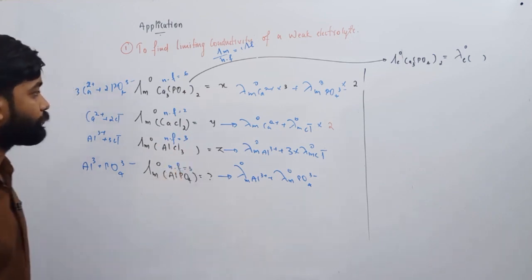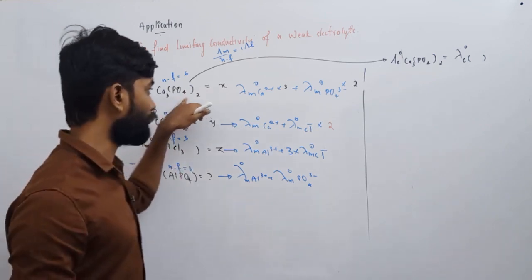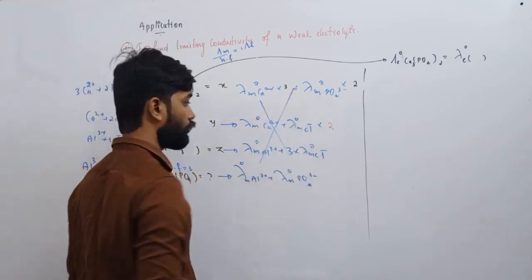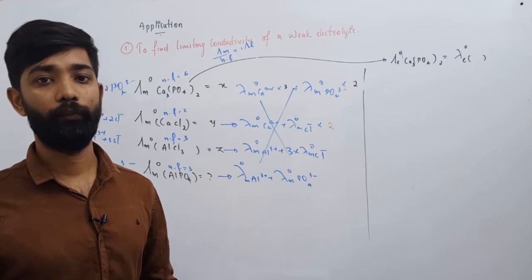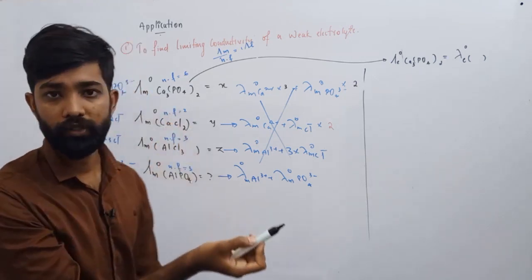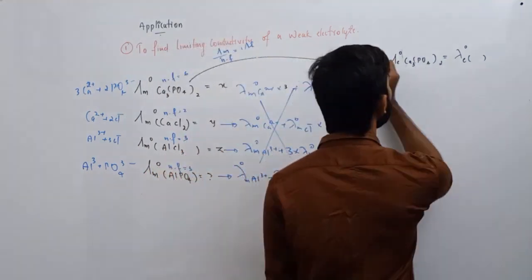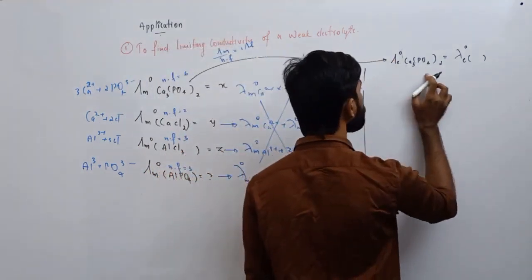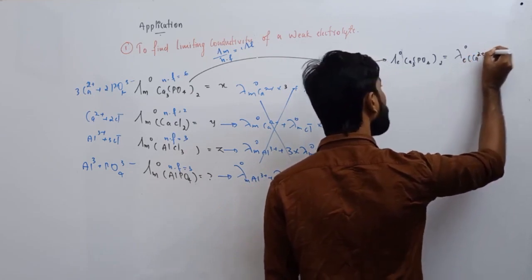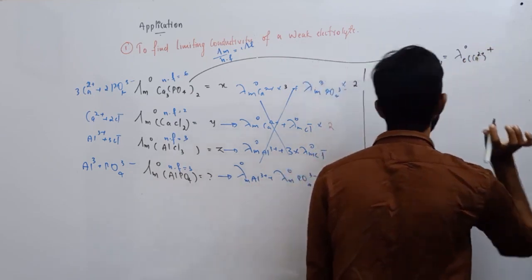So here we have molar conductivity, right? So this method is not working here, or it may take more time. Okay. So molar conductivity of Ca3(PO4)2 is given. We can easily find the equivalent conductivity. So equivalent conductivity of Ca3(PO4)2, what will be the expression? Equivalent conductivity of that cation plus equivalent conductivity of PO4 3 minus.